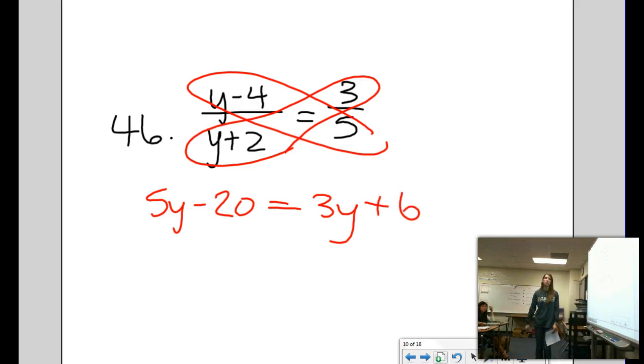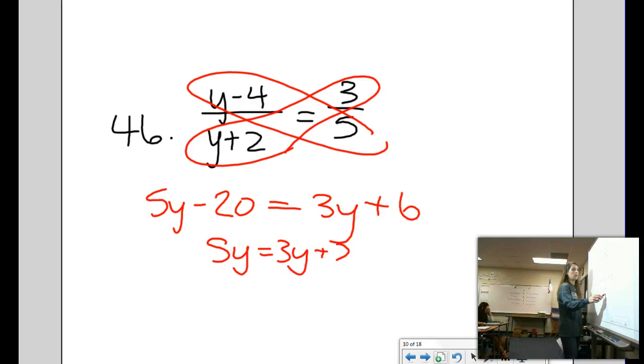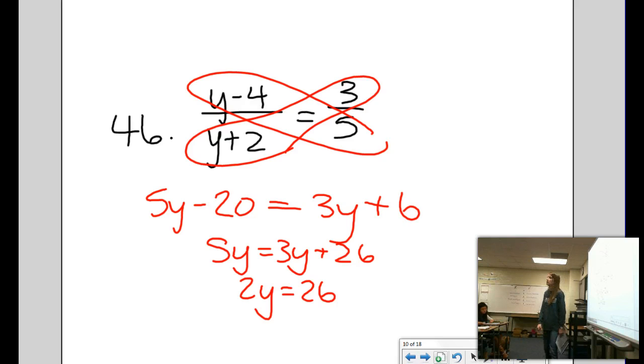So the biggest mistake you could make is to not distribute. All right, let's add 20 to both sides. 5y equals 3y plus 26. Subtract 3y from both sides. 2y equals 26, and y is 13. Okay.